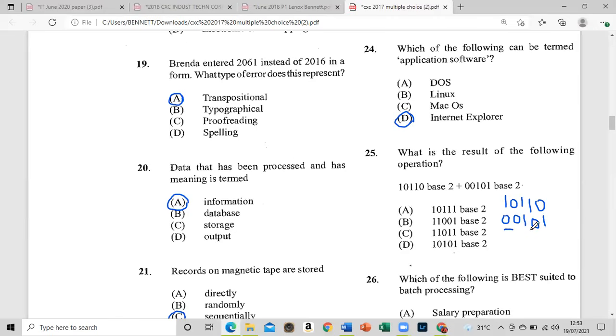So 1 and 1, 1 plus 0 is 1, 1 plus 0 is 1, 1 and 1 is basically 10 because I cannot have 2. Then 1 plus 0 is 1, 1 plus 0 is 1. So it's 1, 1, 0, 1, 1. So that would be C.